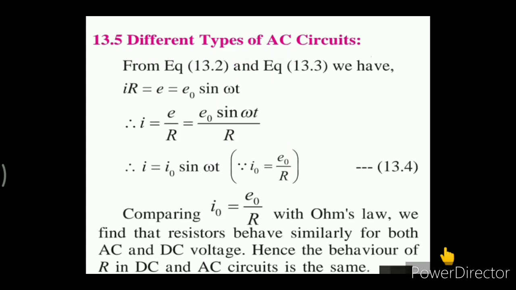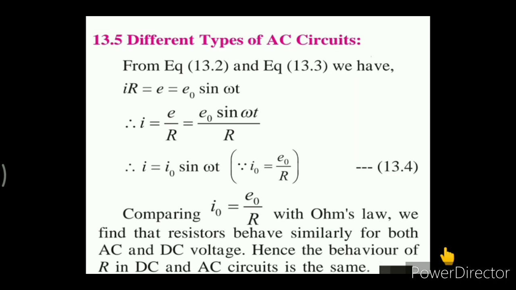Over here, we are getting that the instantaneous value of the current in the purely resistive circuit is equal to I0 sin omega t, where the instantaneous value of the applied EMF is E equal to E0 sin omega t.